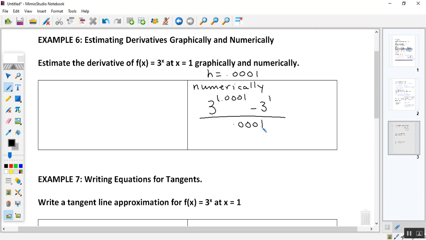Okay, so I'm going to go 3 to the what power first, kids, up there? 3 to the 1.0001 minus, and then divide by 0.0001. I'm getting 3.296, which is going to be right around 3 point what? 3. So the slope for the function, 3 to the x, when x is equal to 1, is about how much? Okay, slope is about 3.3. And we'll look at that tomorrow and see if that looks about right.